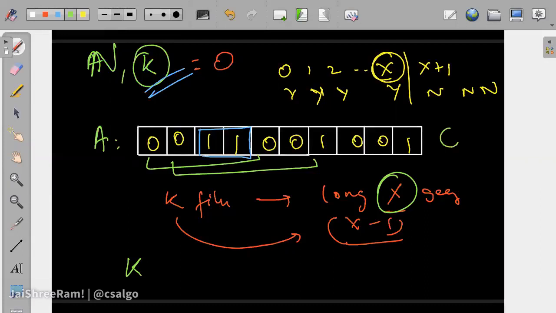There are only order n segments of length x. Check every segment of length x, and check whether any one of them can be made all ones, then you're good, right?